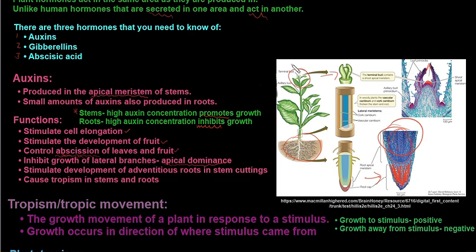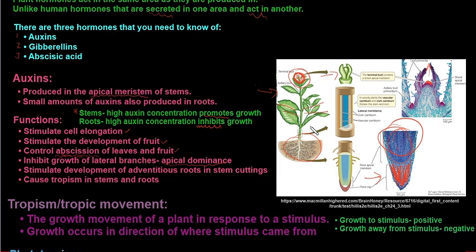So what does that mean? If we look at this plant here on the right, lateral branches would be branches growing to the side. Now this is still a small plant, but this does not happen as long as we have that apical meristem at the top with the auxins being produced there. Then this plant won't get much wider than it is now.